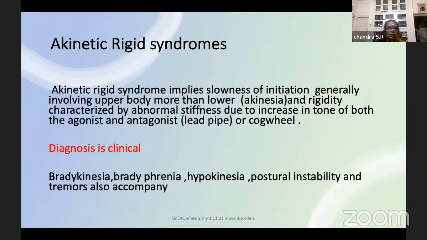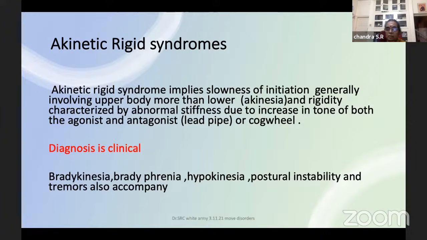Then we have the akinetic-rigid syndromes without a tremor. Akinetic-rigid symptoms imply slowness of initiation and carrying out activity, involving the upper body more than the lower body. So akinetic-rigid syndromes are not lower body; vascular PDs are lower body. The akinetic-rigid degenerations involve the upper body more than the lower body, with abnormal stiffness due to increase in the tone of agonist and antagonist, with or without cogwheel. Cogwheel is generally not there in the classical akinetic-rigid syndromes. That's a group by itself.